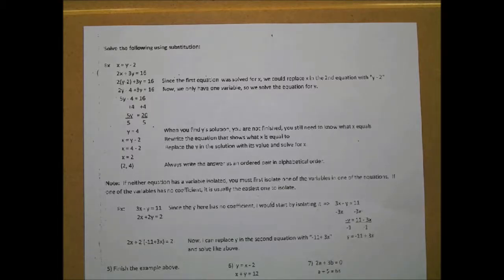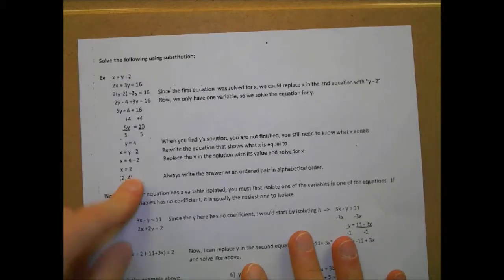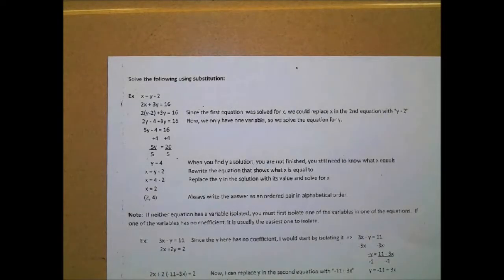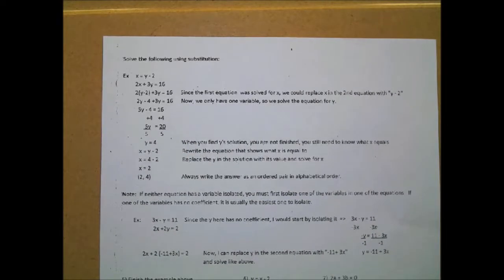And then eventually, we're going to just give you a system, and we're going to say solve it using whatever method you want. And then you'll use some strategy to help you figure out which method you want to use. Because some methods are better than others. It just depends. So, let's go through what substitution looks like. Substitution is a little bit more powerful than graphing, but it also is a little more work intensive as well.